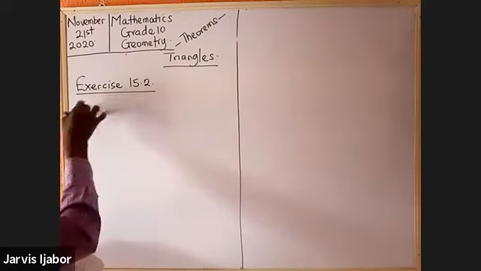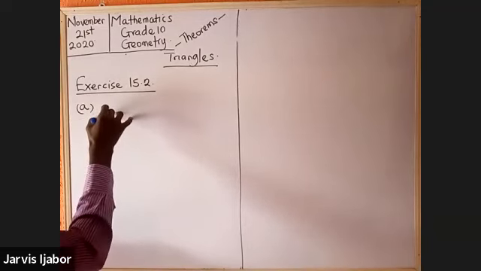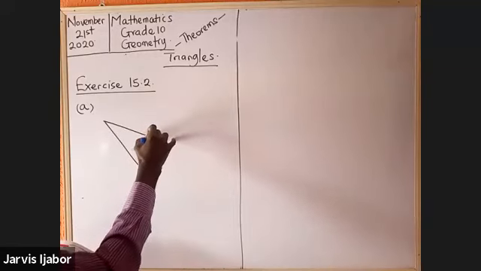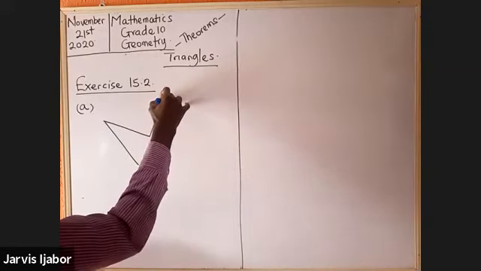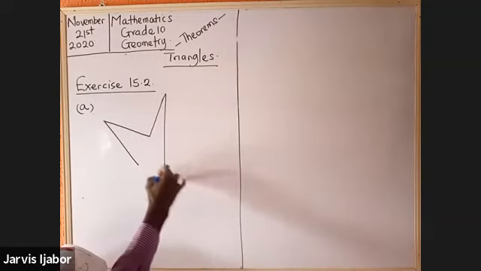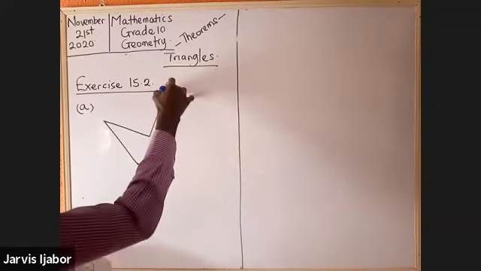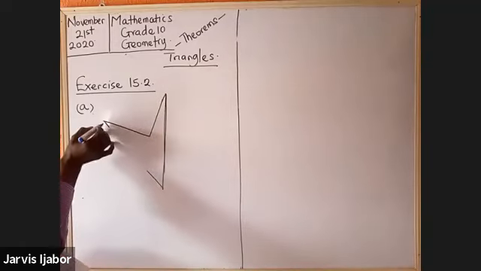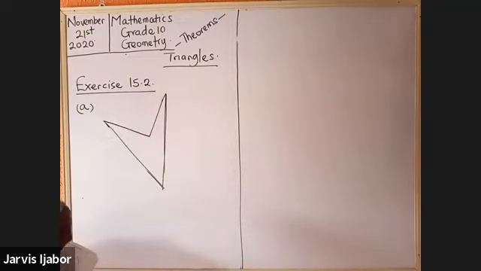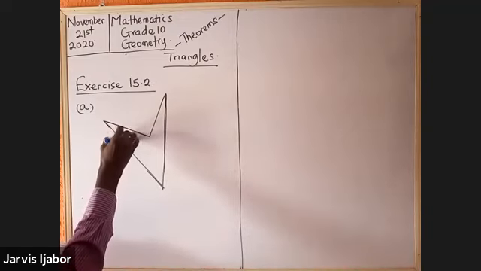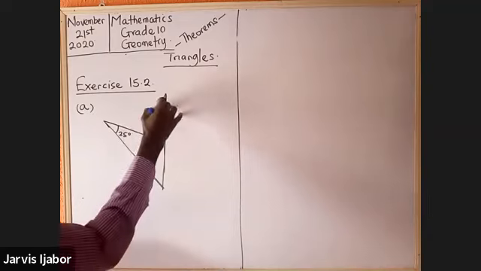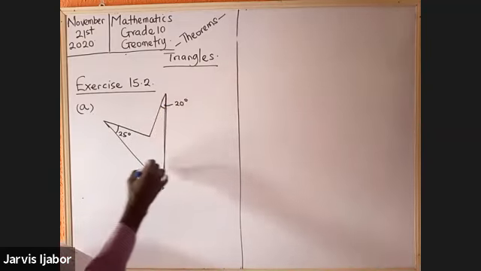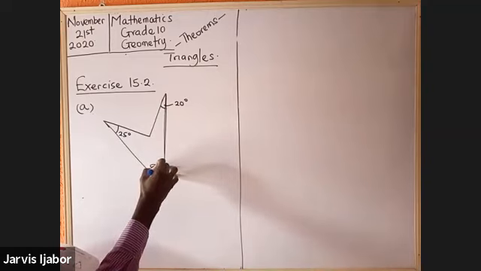Now in A, this is the diagram you have for A. Okay, 25 degrees, 20 degrees, and 87 degrees.